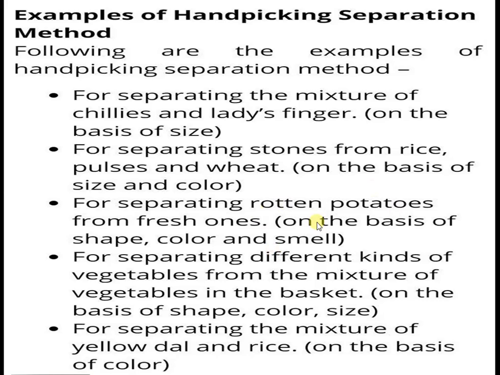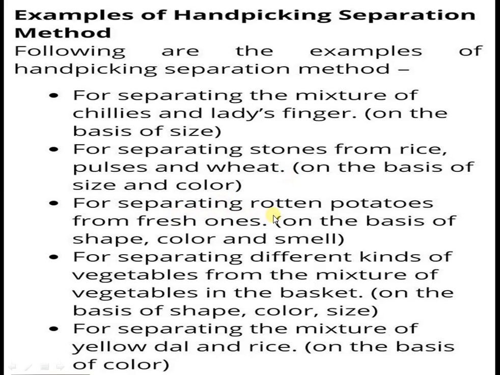Examples of hand picking separation method. Following are the examples of hand picking method. For separating the mixture of chilies and lady's finger on the basis of size. For separating stones from rice, pulses and wheat on the basis of size and color.